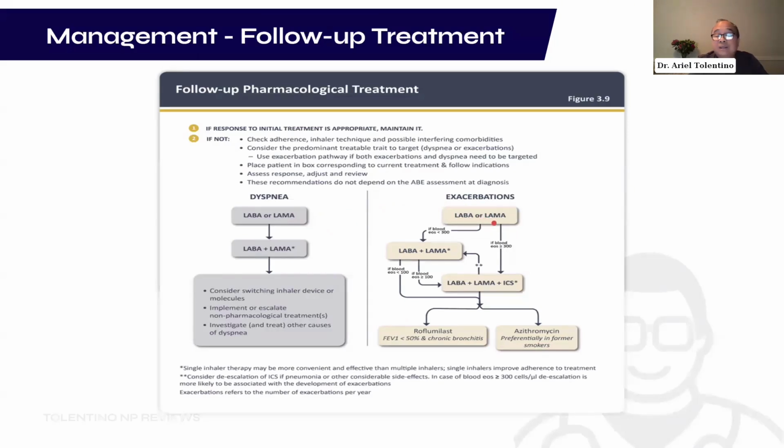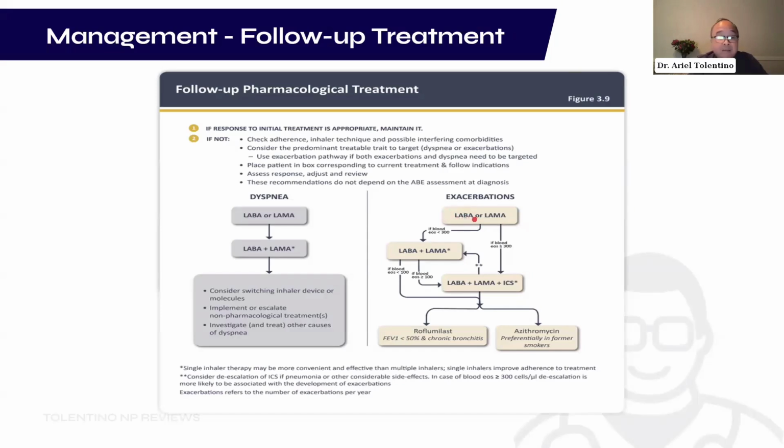This increasing severity of signs and symptoms occurs within a period of less than 14 days.